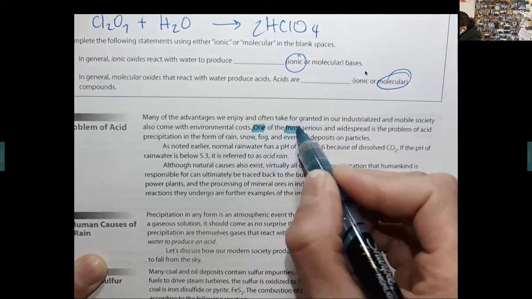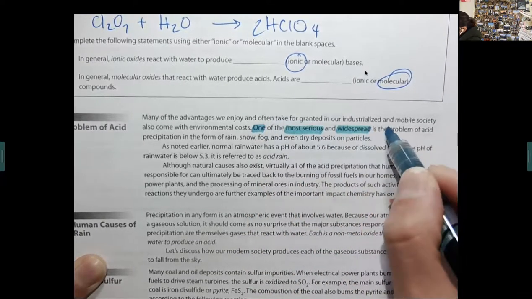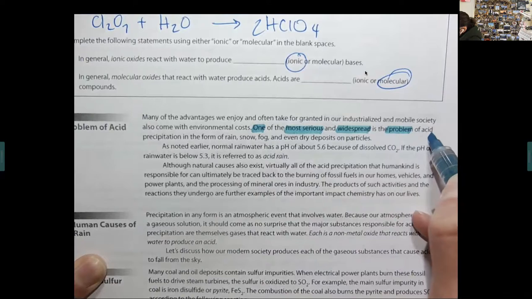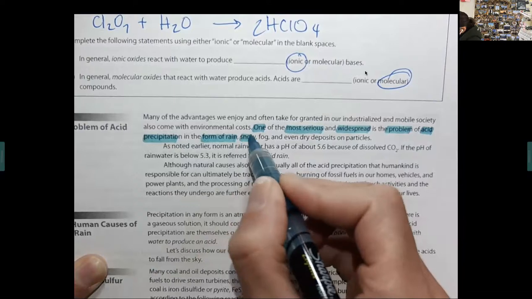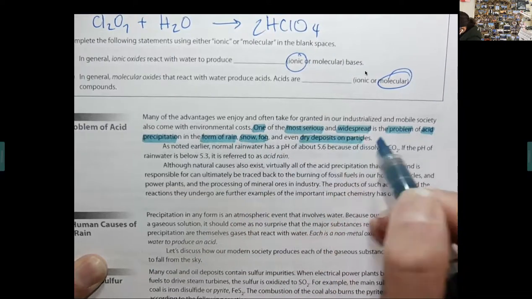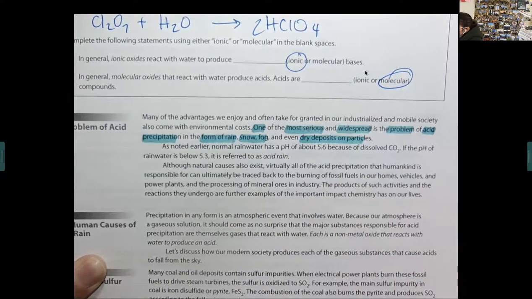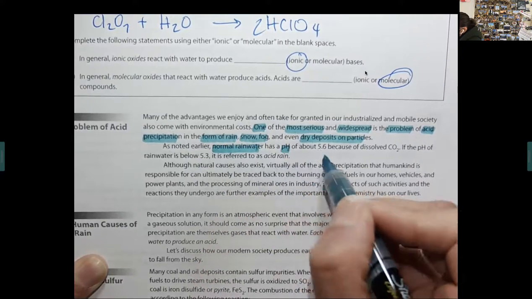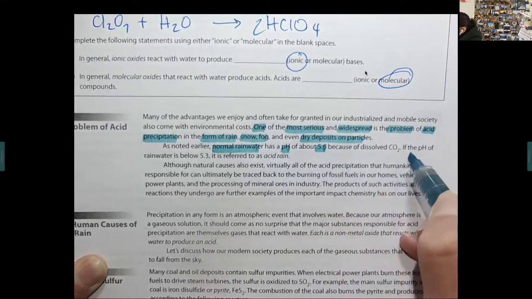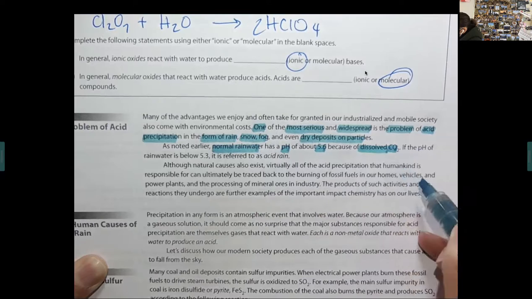All right, one of the most serious and widespread problems of acid precipitation in the form of rain, snow, fog, and even dry deposits on particles is acid rain. Now, normal rainwater has a pH of about 5.6, and that's because the carbon dioxide is going to be dissolved in it.